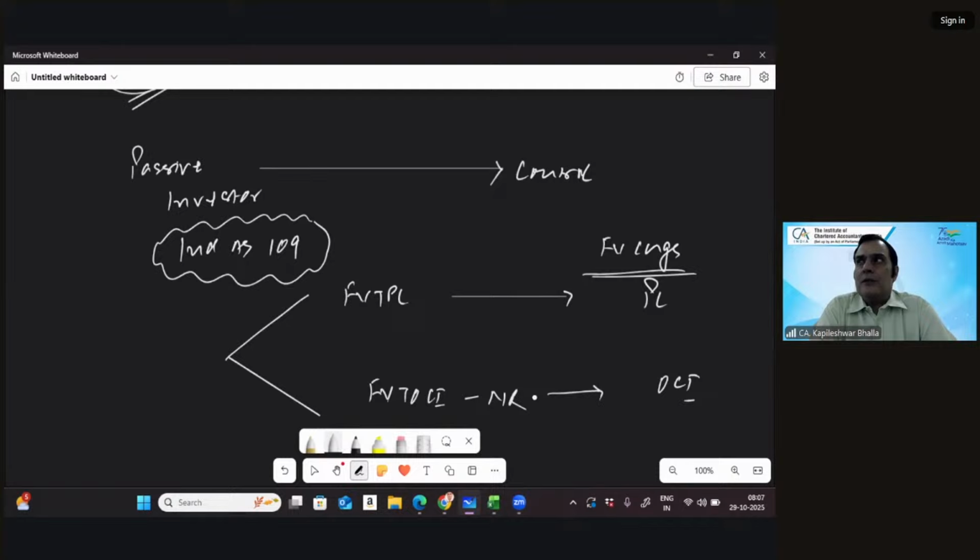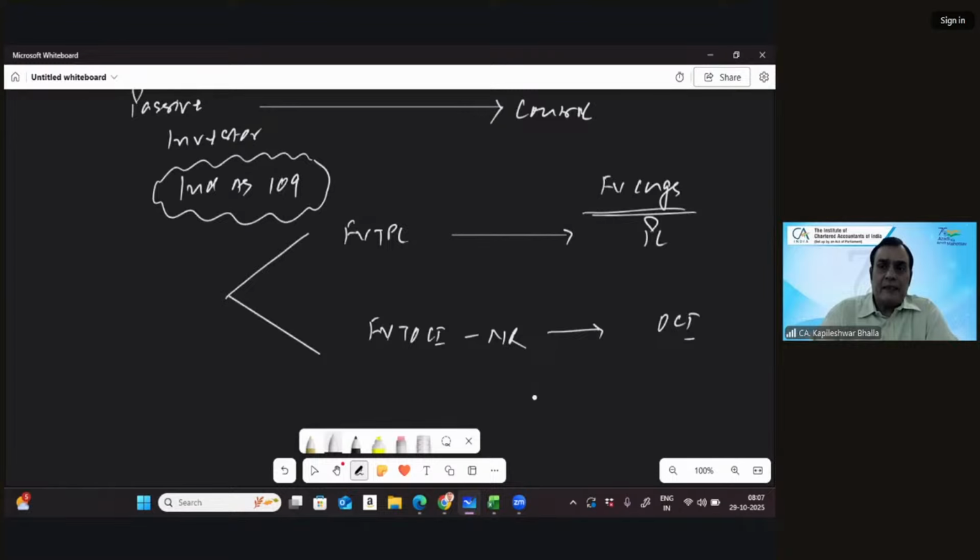I think let me ask you a quick question now at this stage. Can I say even in this particular case, there will be an accumulated balance in OCI, right? So would you like to tell me where will you take that accumulated balance in OCI? Is this going to be taken in the P&L or is this going to be taken in the retained earnings?